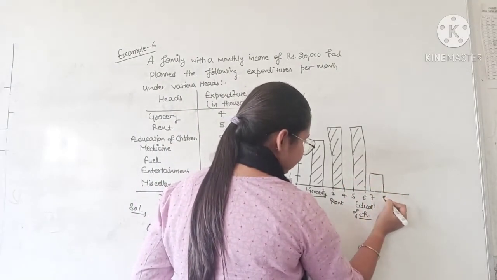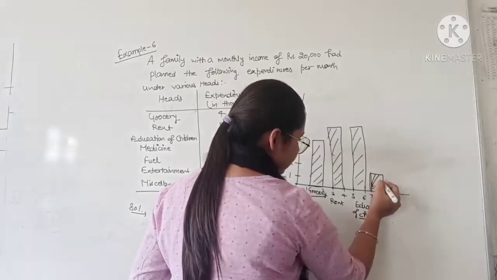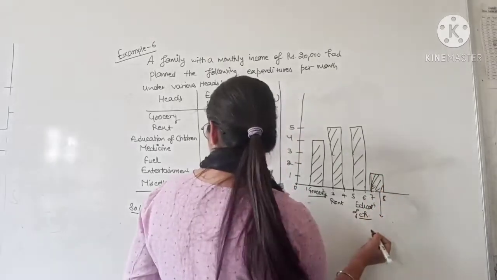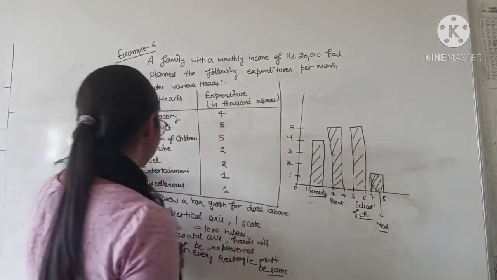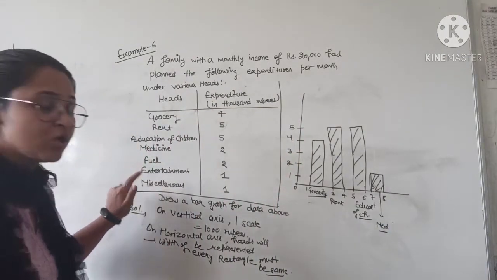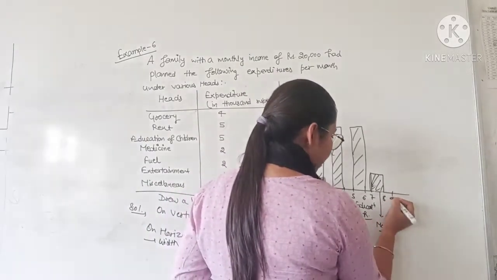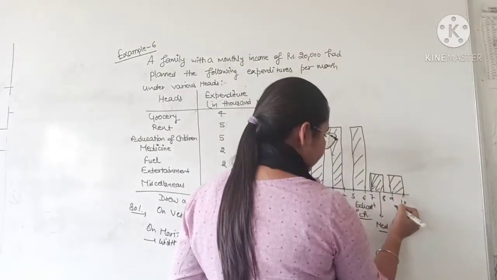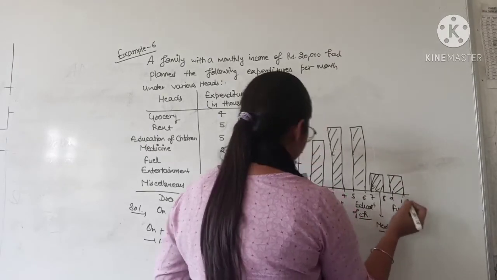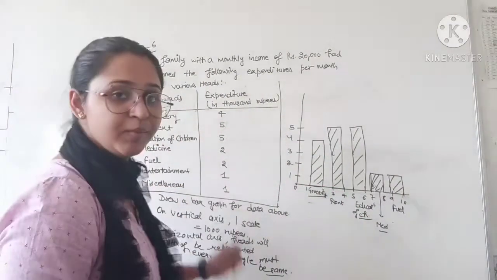This is against medicine. Then after medicine it is fuel, and fuel is also 2. So here it is also 2. This is fuel.